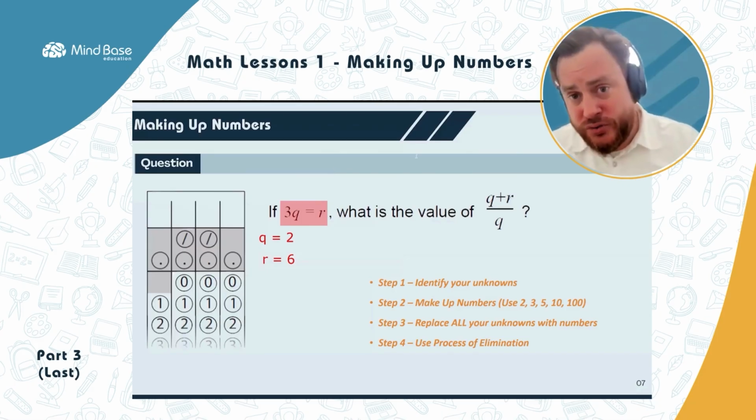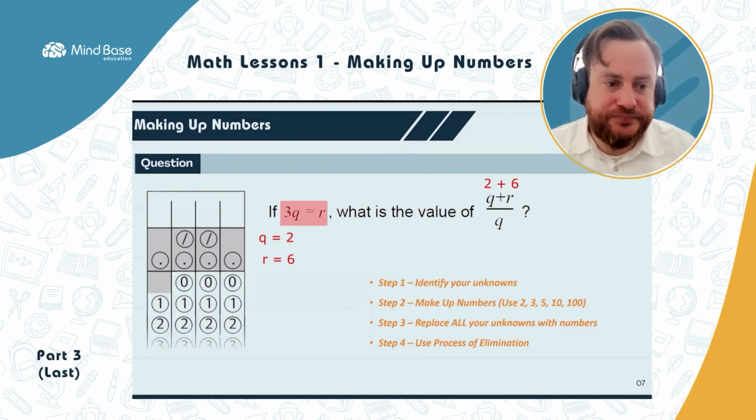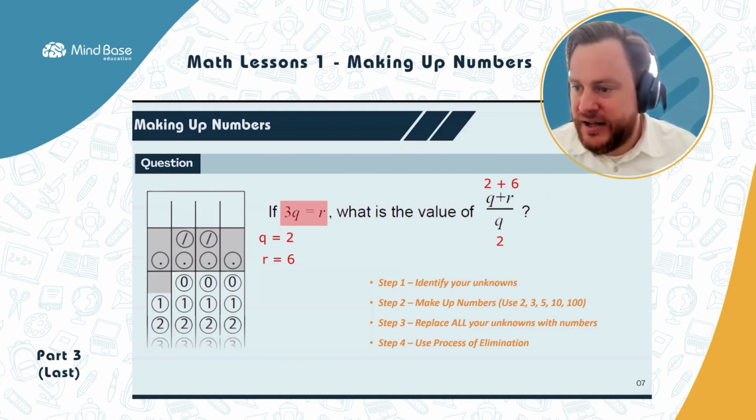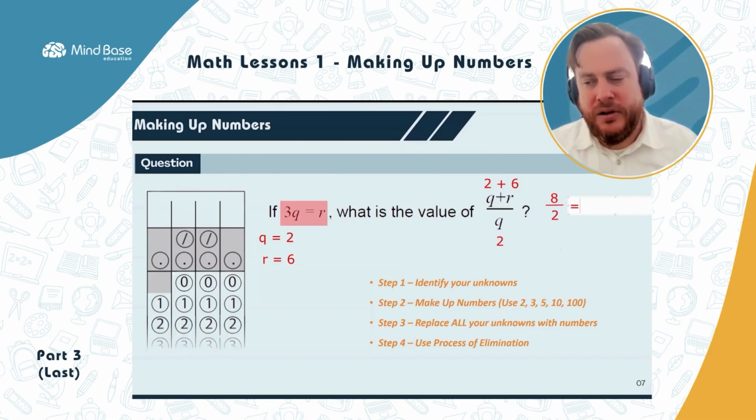So now let's go over to the question, and let's plug in our values for q and r. Q is 2, r is 6, right? 2 plus 6 is 8. 8 divided by 2 is 4. And that's the answer, 4.